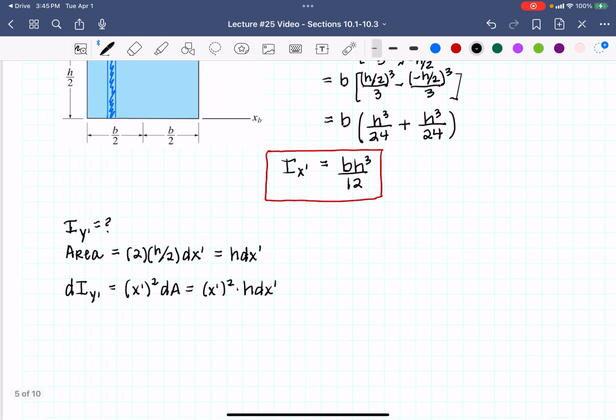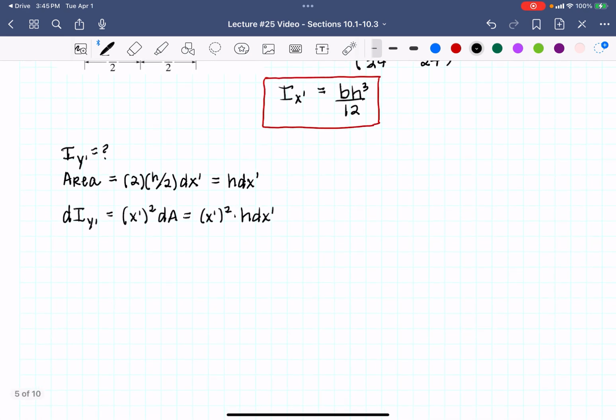So when I take the integral, I'm going to do Iy' equals the integral over the area of x' squared dA. Which, remember, I'm using the x this time, so I need to use my information for my limits to be the x direction now.